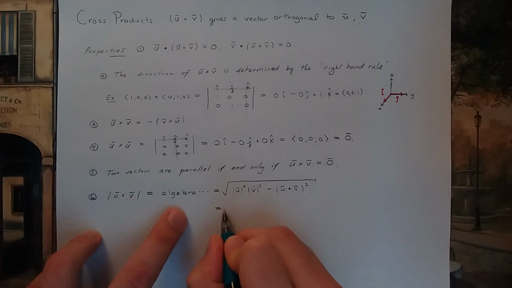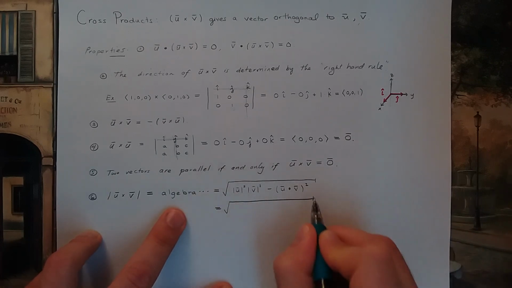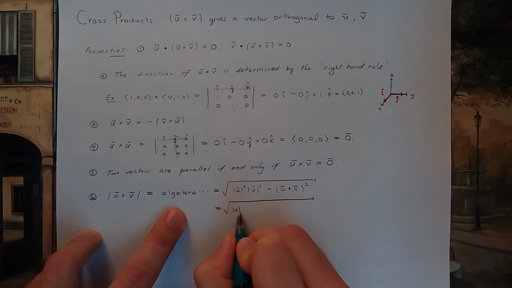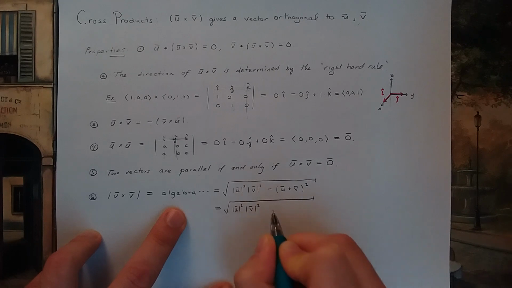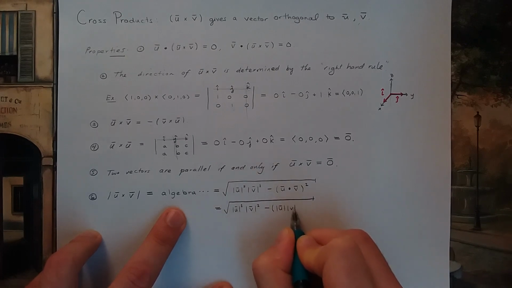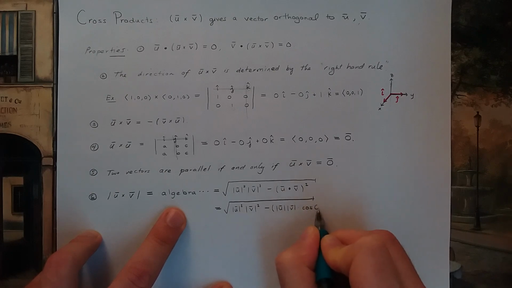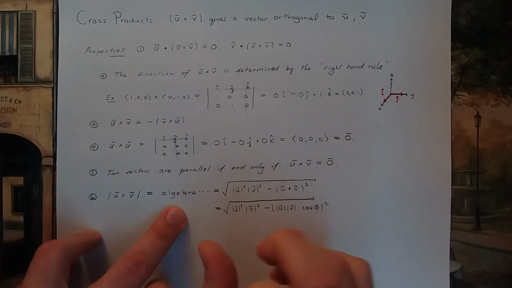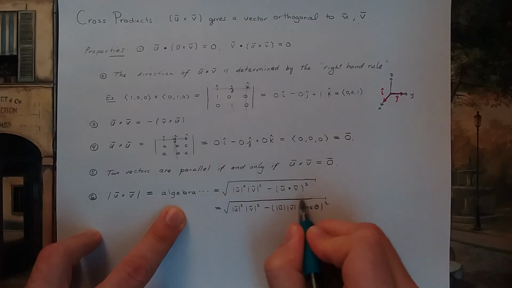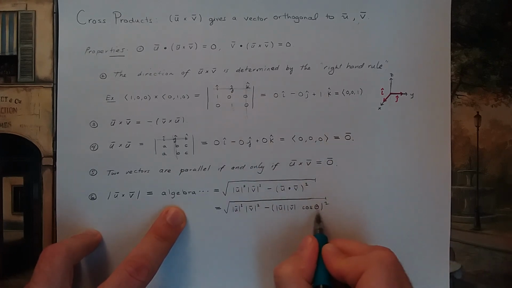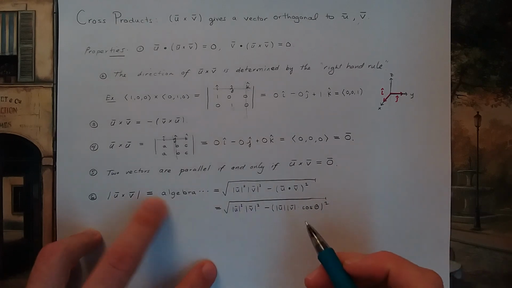Now, based on our understanding of the dot product, this is the magnitude of U squared, the length of V squared, and then I could do the length of U, the length of V, times cosine of the angle between the vectors. So we know that that's the main reason people take the dot product, because it tells you information about the angle between the two vectors.